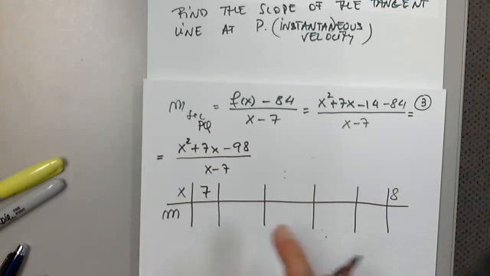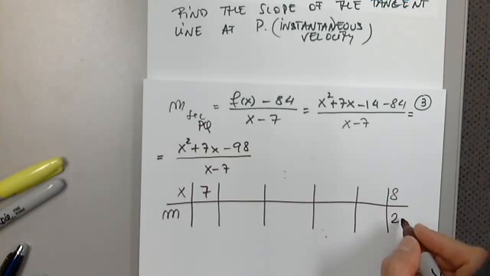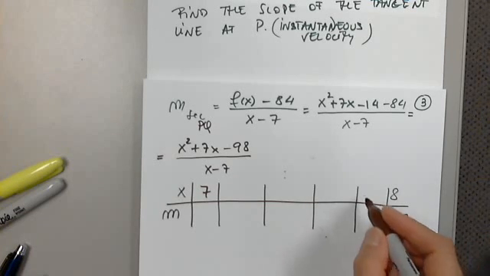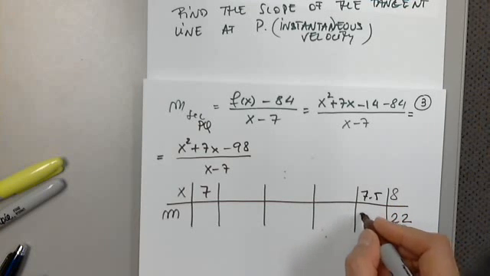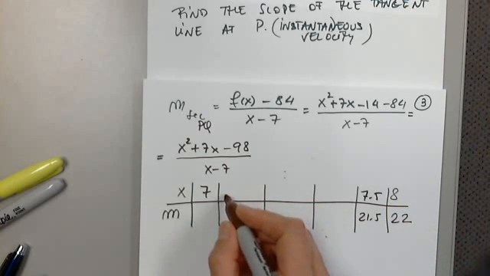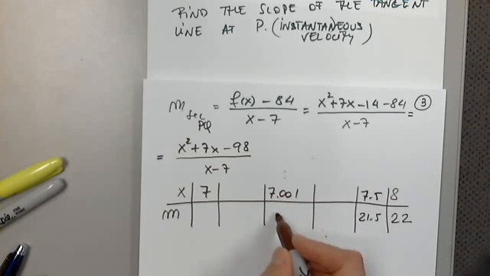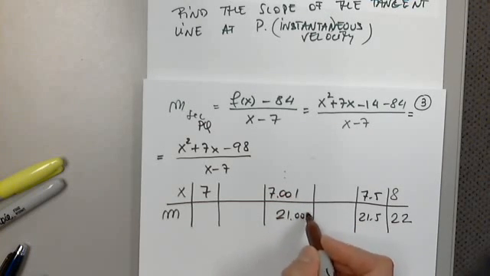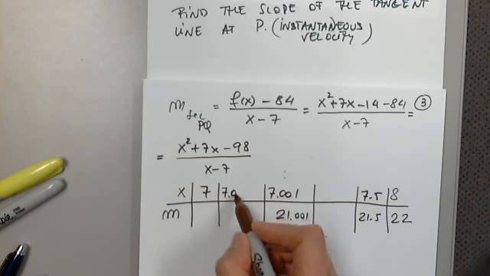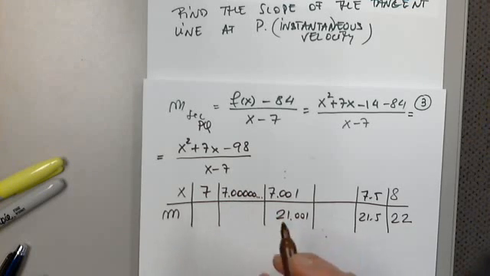So the slope of the secant line between P and Q at 7, I copied it here, is 22. Then at 7.5, I copy 21.5. And then I go as close as possible, let's say 7.001, and I got 21.001. And at 7.000000, and so on and so forth, I got 21. And you can put other values in there if you want to.